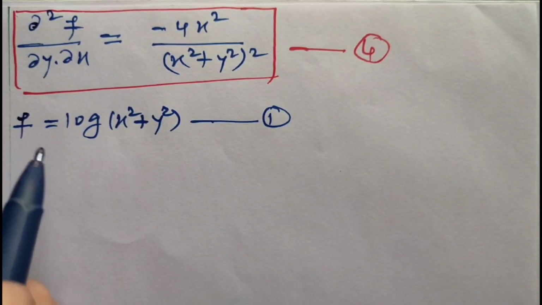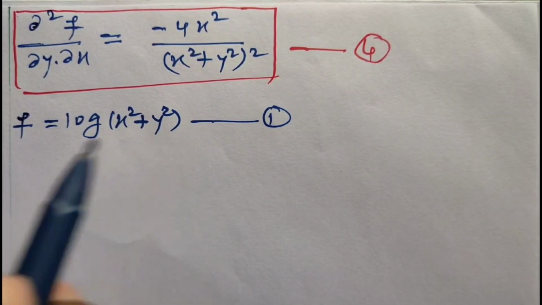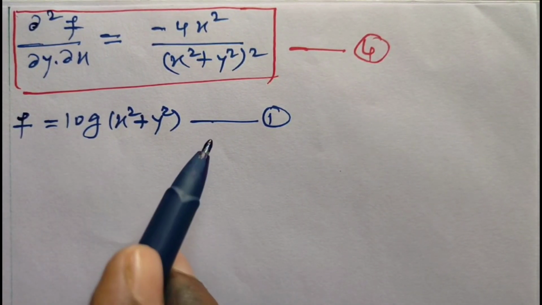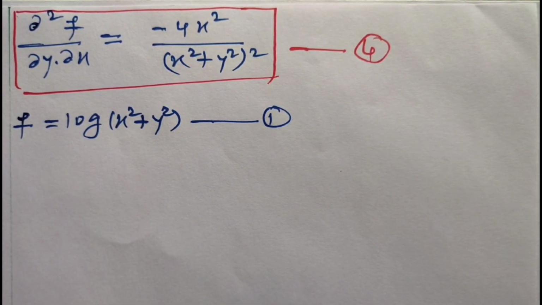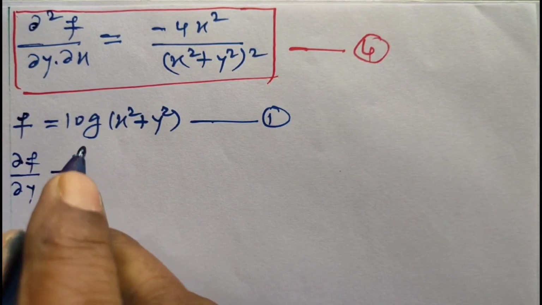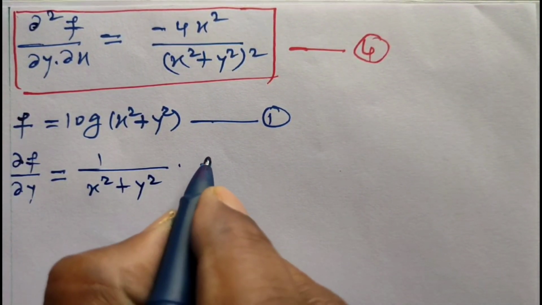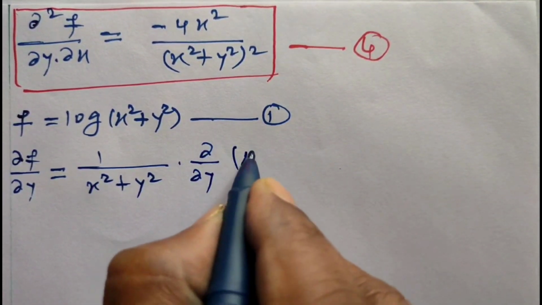Now the given function is f = log(x² + y²). We have to partially differentiate both sides of result 1 with respect to y. So partial derivative of f with respect to y is equal to 1 upon x² + y² into partial derivative with respect to y of x² + y².